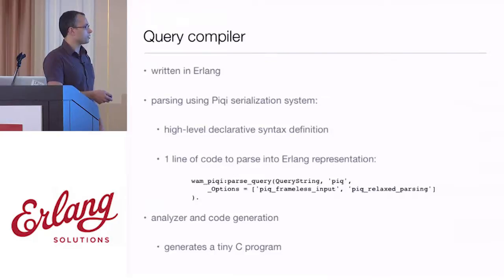And the only thing that we need to do after that in order to parse it is to call this string. So it saves a lot of typing, and it validates a lot of syntax for us, and you don't have to think about it when you're adding extensions and things like that. Then the analyzer and code generation generates a tiny C program.